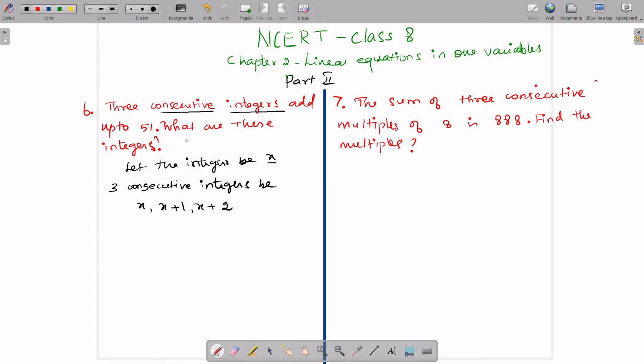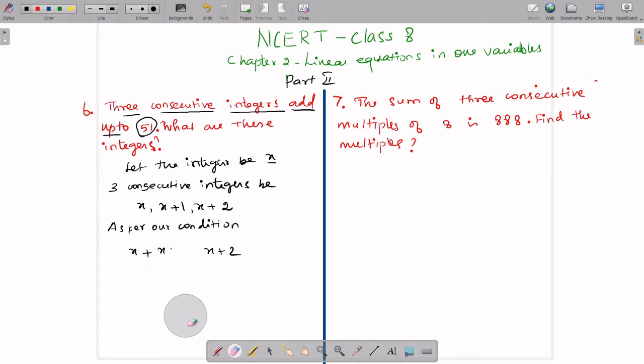And what is our condition given? When you add all the 3 consecutive integers, the total is 51. So as per the given problem, x plus (x plus 1) plus (x plus 2) equals 51.